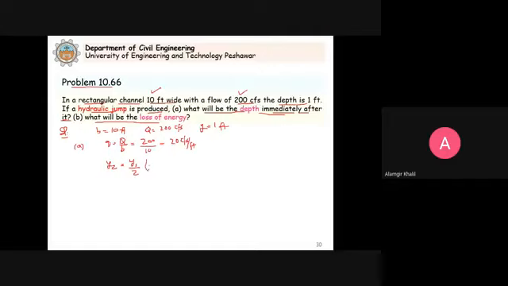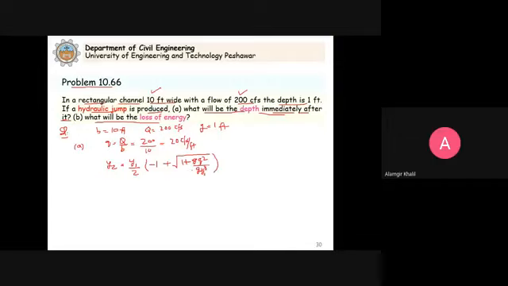So this will be equal to -1 plus square root of 1 plus 8F1 square, or this can also be written as 8q square divided by g into y1 cube.